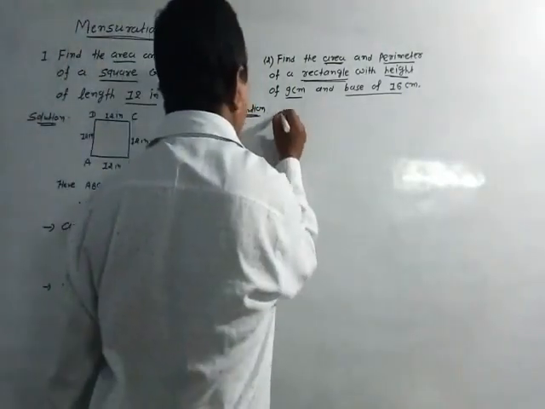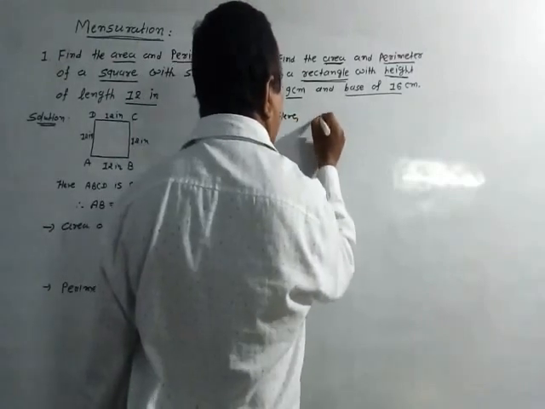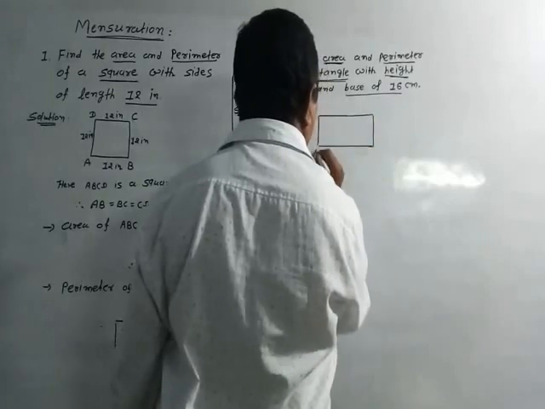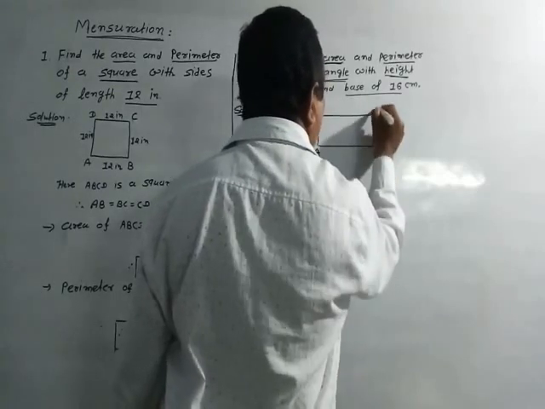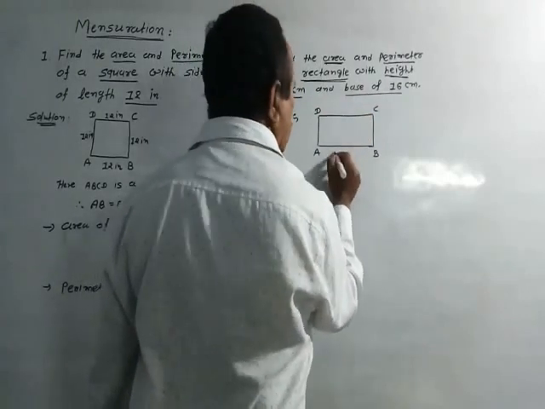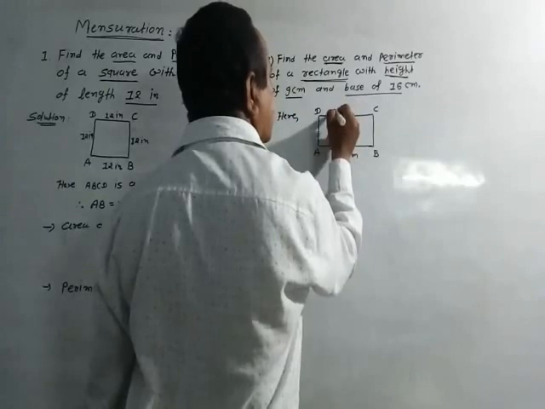Here given rectangle ABCD. The base AB is 16 cm. Similarly, the opposite side is 16 cm.